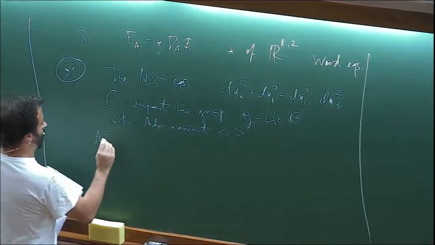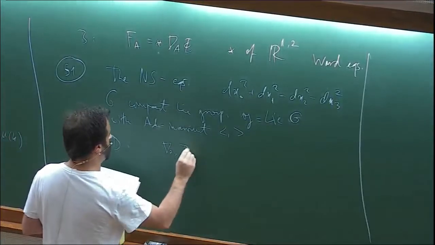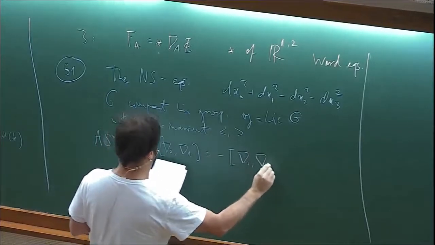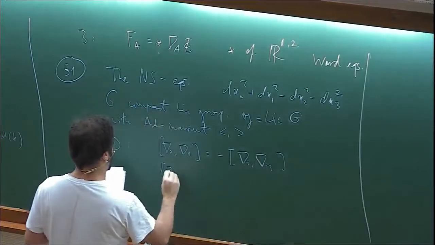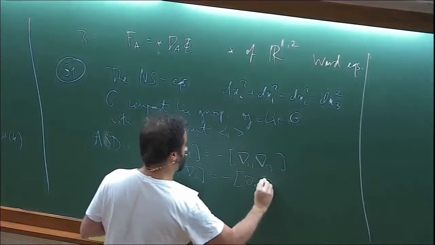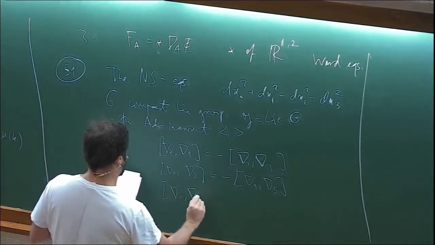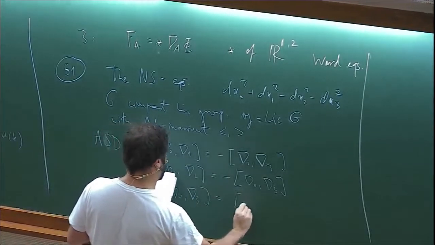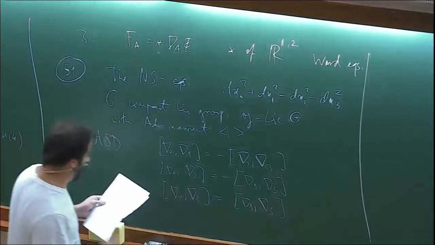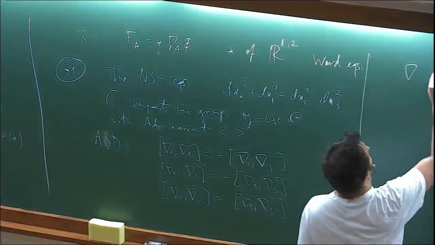And then you have the anti-self-duality equations in this signature. Here the operator is a connection, a G connection.